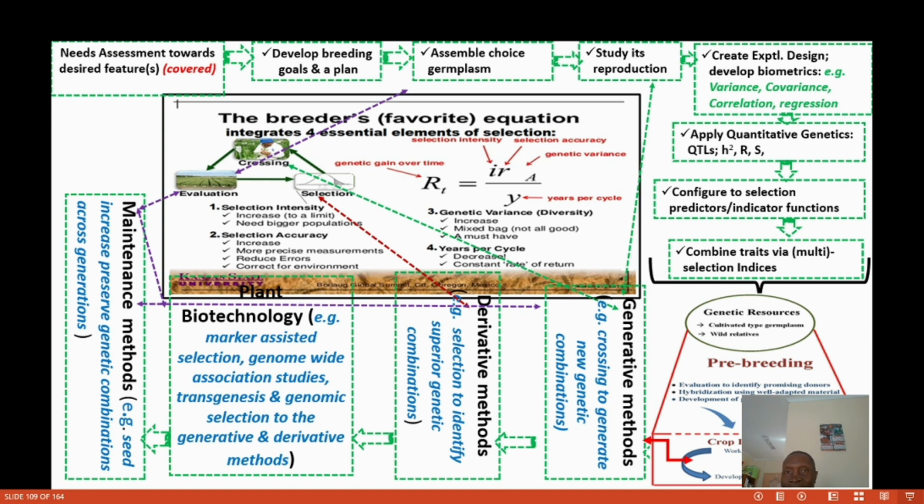You put together the choice germplasm. And then, of course, it can go on between 5 to 8 years. It takes a long time. So all of those boxes with the arrows concluding with combining traits is pre-breeding.